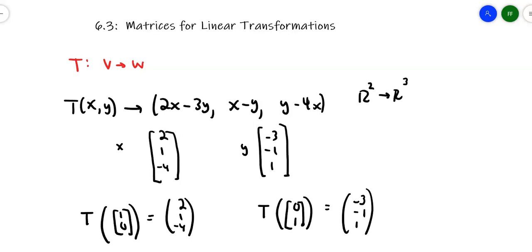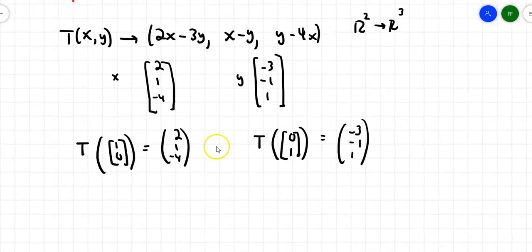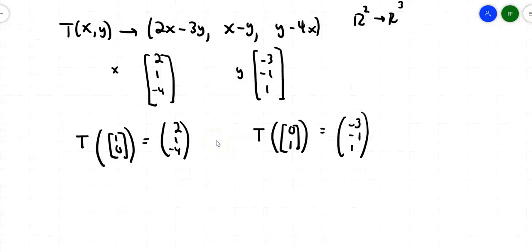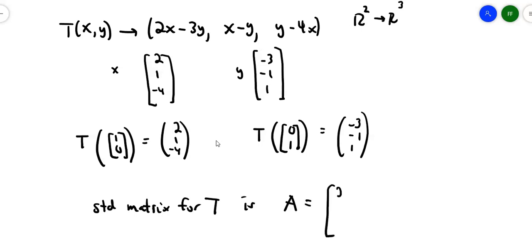So now I'm going to take those two columns and arrange them into a matrix for the transformation. The standard matrix for the transformation is this 3-row, 2-column matrix: 2, 1, -4, -3, -1, 1.